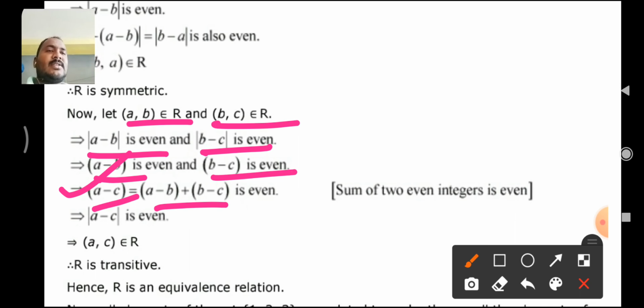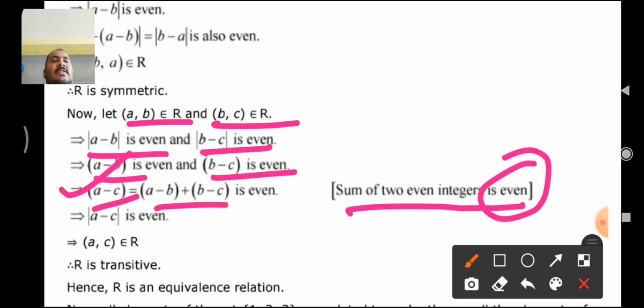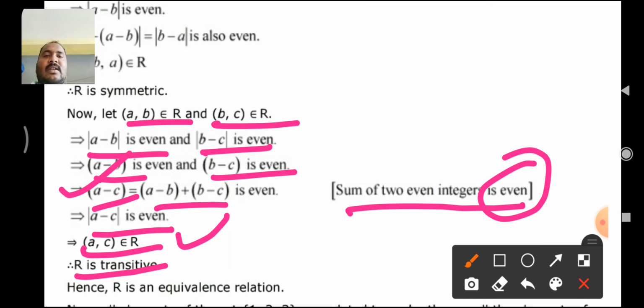Here we know the result that the sum of two even integers is always even. Therefore |a − c| is even, so the ordered pair (a, c) belongs to R. Therefore, R is transitive. Hence, R is an equivalence relation.